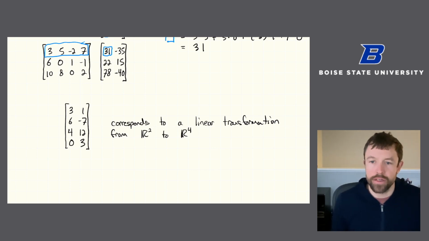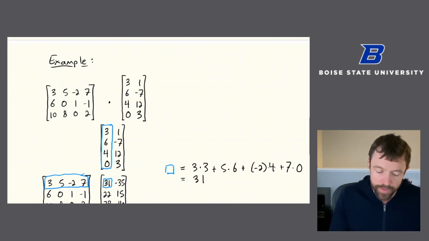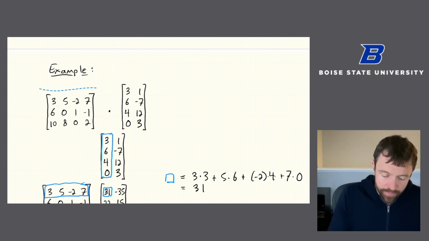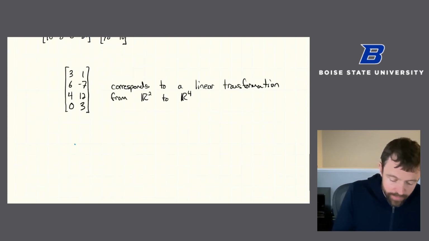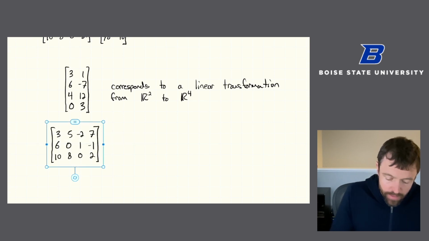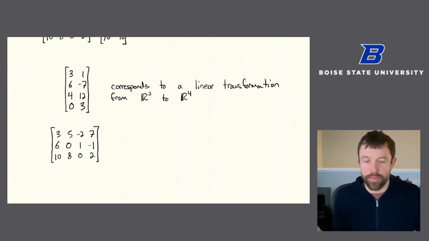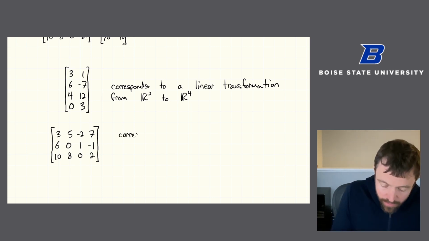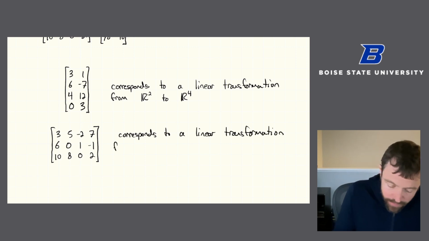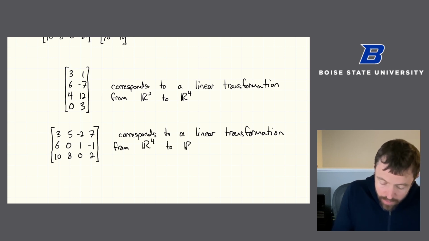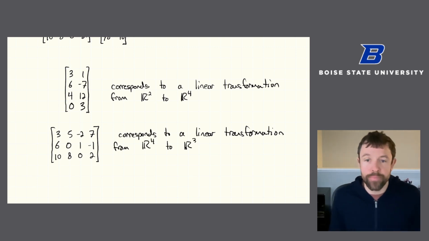So this corresponds to a linear transformation from R2 to R4. This matrix, in a similar way, and pause if you want to think about this for yourself, or think about it while I'm writing, this corresponds to a linear transformation from R4 to R3.